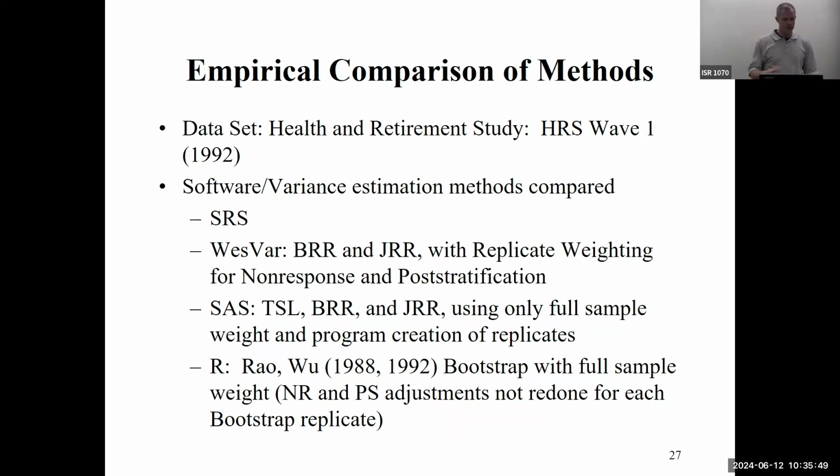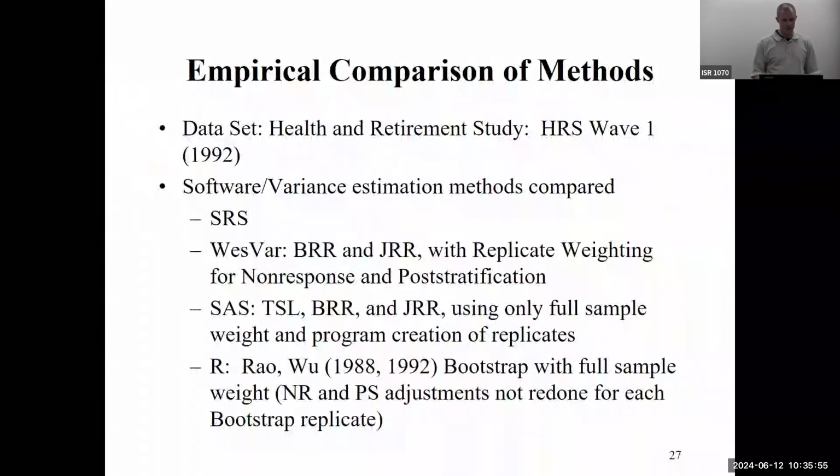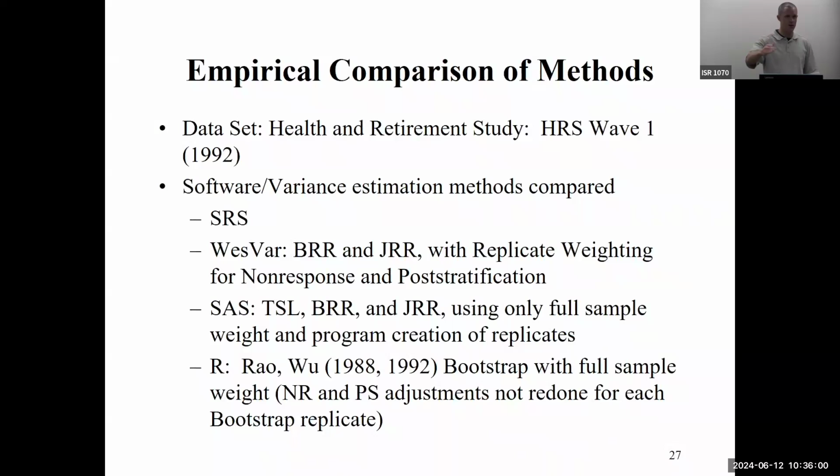Third, we looked at SAS, and we took the default linearization, balanced repeated replication, and jackknife repeated replication approaches using only that full sample weight and the default creation of the replicates, using those default adjustments, multiplied by 2, or upweight the people in the deletion stratum without any additional calibration, okay?